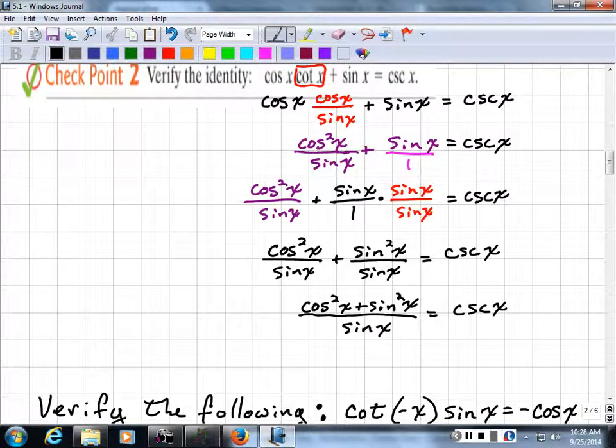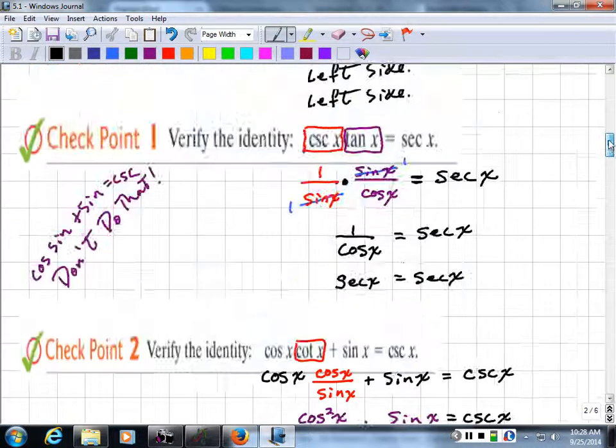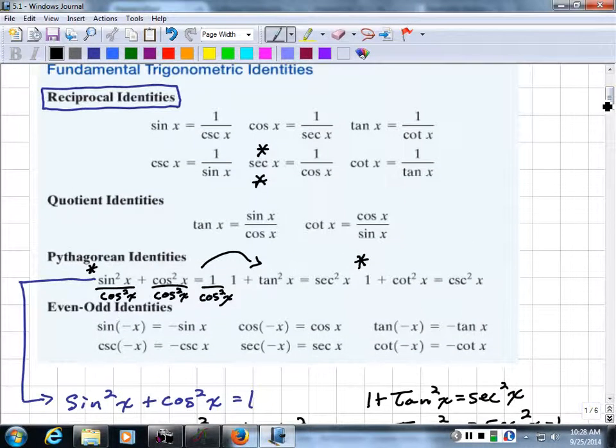What's the cosine squared of x plus sine squared of x equal to? 1. Very good. Because it is a Pythagorean identity. Don't get confused because up here we wrote it as sine squared of x plus cosine squared of x, because addition is commutative. I can rearrange the terms.